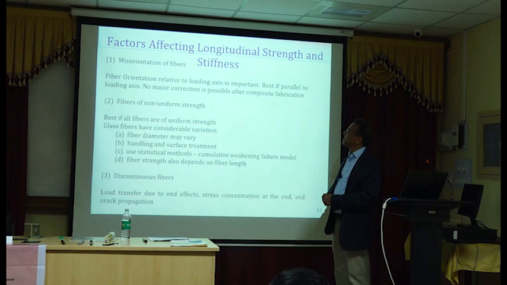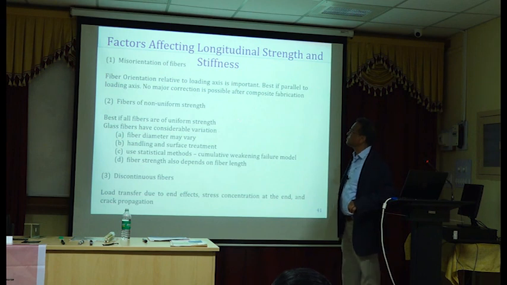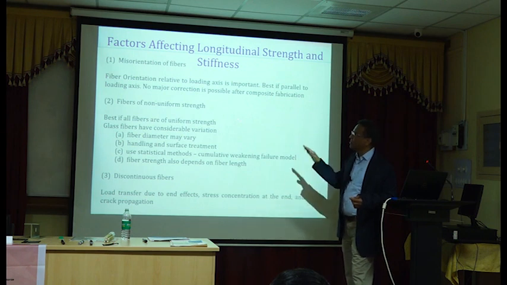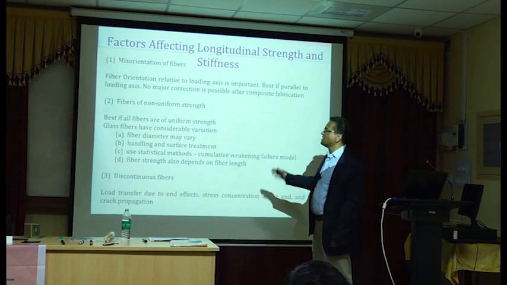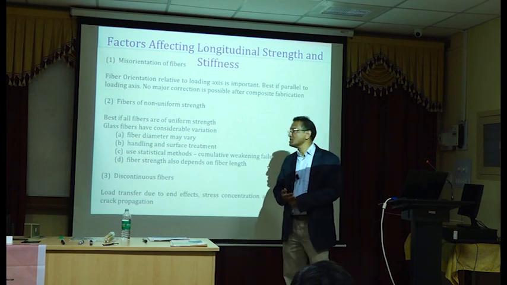So misalignment is always a problem, but up to 5 degrees of misalignment is acceptable. However, remember that once we place our fiber and we add our resin and the polymerization starts, it's irreversible, therefore you cannot make any corrections after that.